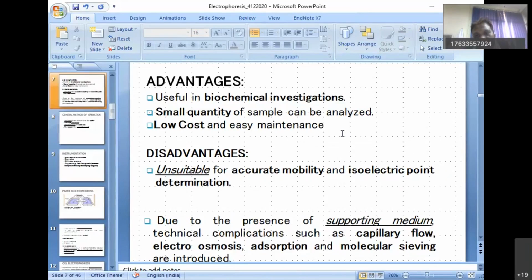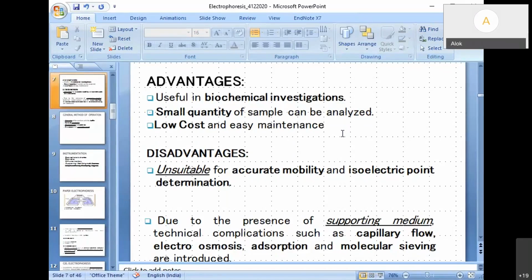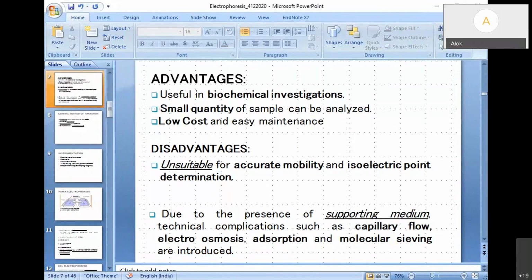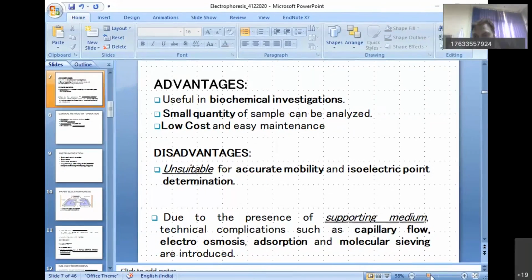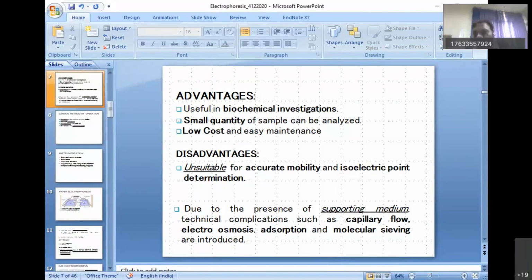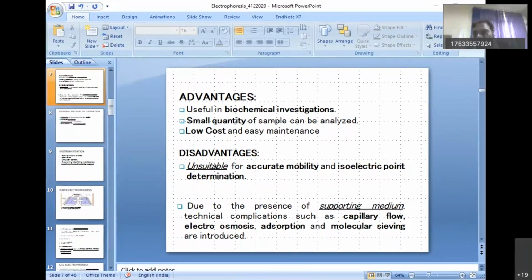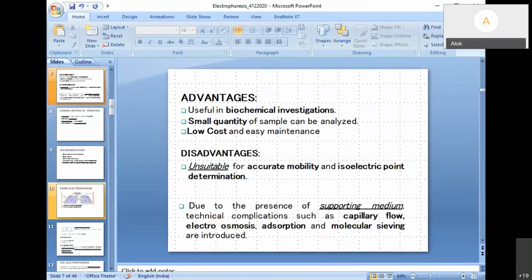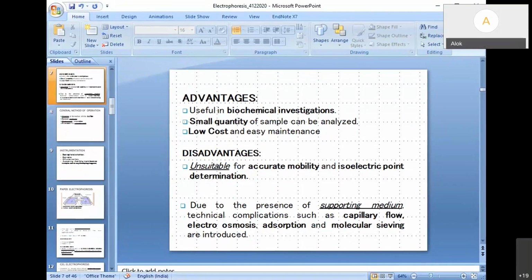No, it is visible, but some portion is not visible. Maybe you can minimize something like this now? Yes, that's fine. It's good. Okay.